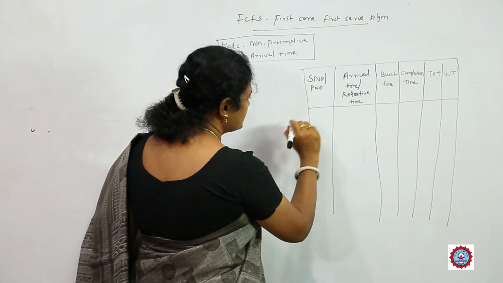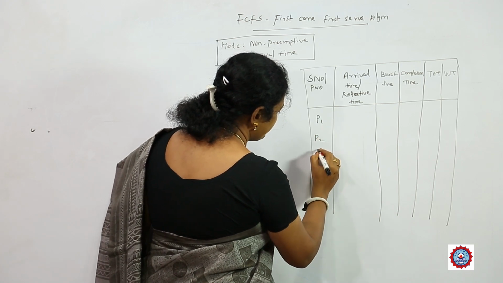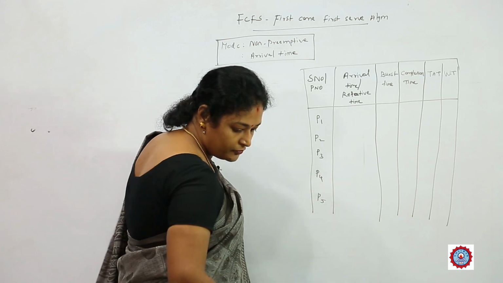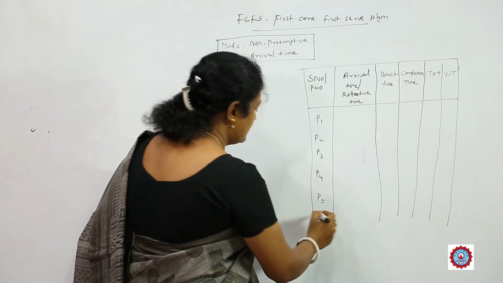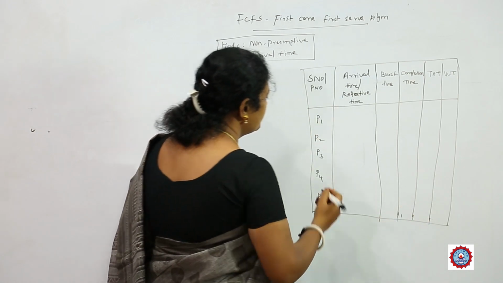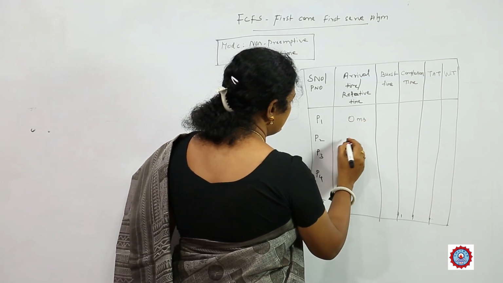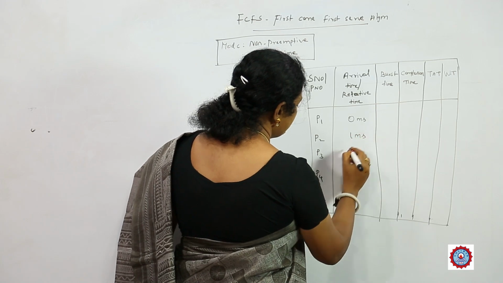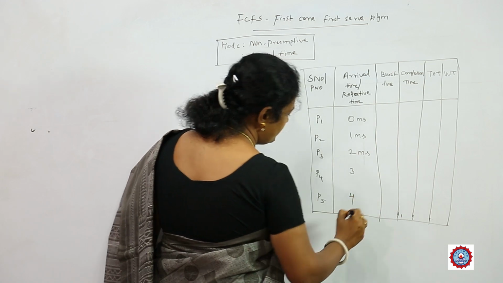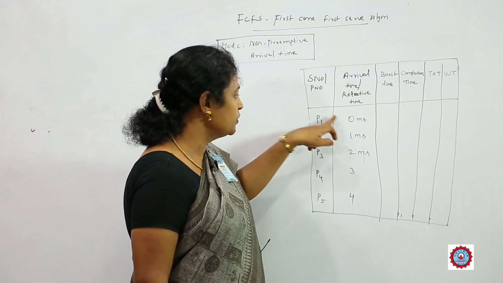So, say for example, processes P1, P2, P3, P4, P5. The process P1 has entered at 0 milliseconds, and the others at 1, 2, 3 and 4 milliseconds, which means that the process P1 has entered the ready queue at 0 milliseconds.